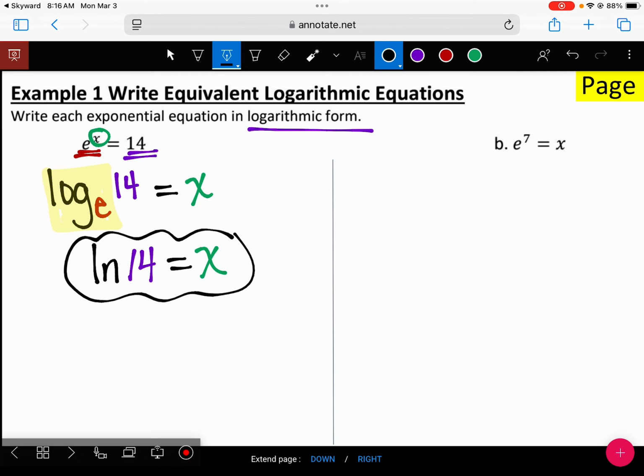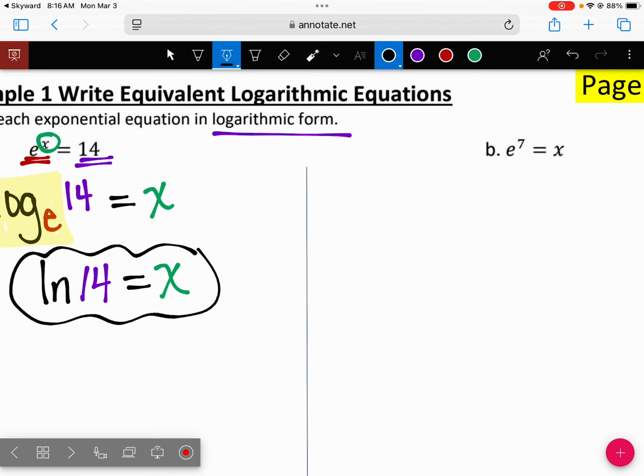All right, let's look at question B. So we have a log base e. And now we're going to go to our answer. Our answer is x. And that equals the exponent, which is 7.